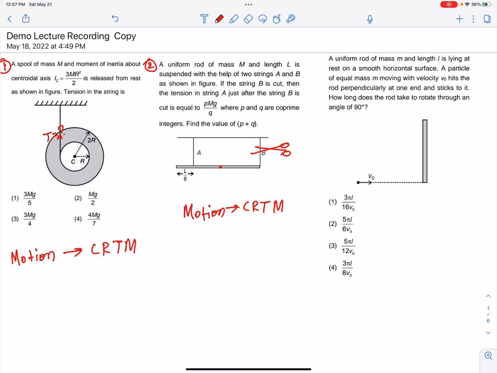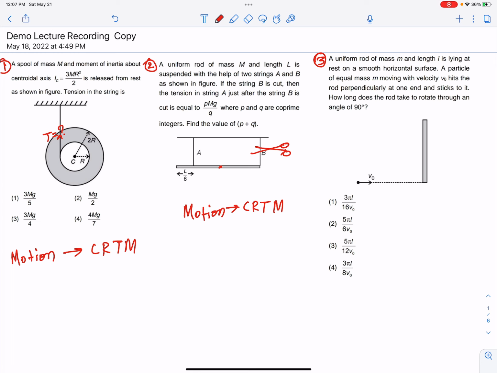Look at the third question. A uniform rod of mass m and length L is lying at rest on a smooth horizontal surface. A particle of mass m moving with velocity v0 hits the rod perpendicularly at one end and sticks to it. How long does the rod take to rotate through an angle of 90 degrees?